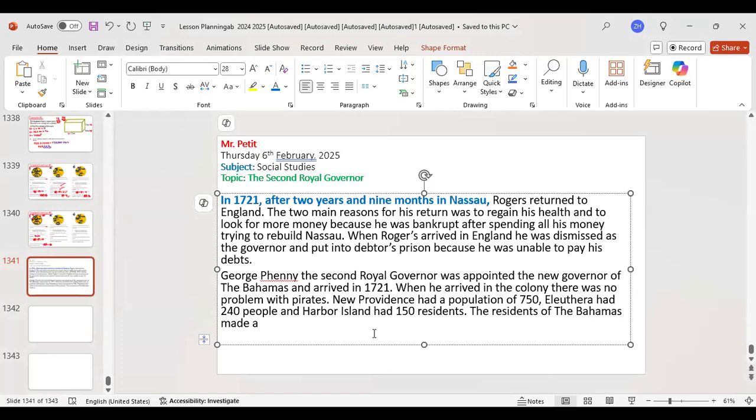But currently they made a living selling wood. They made a living selling salt. They would have the shipwrecks, so wrecking goods, right? They would sell turtles.